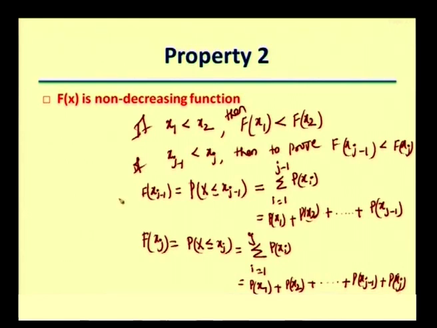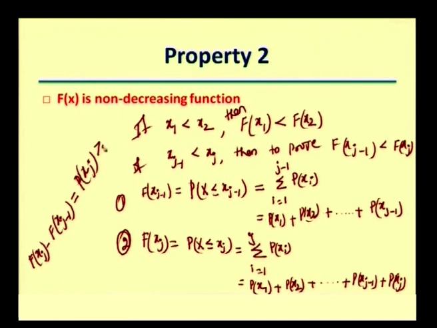So, comparing these two, what do you have? F(x_j) minus F(x_{j-1}) is equal to, when you subtract, P(x1) minus P(x1) gets cancelled and P(x2) minus P(x2) gets cancelled, up to P(x_{j-1}), and you have only P(x_j), which is the probability of the sample point x_j.